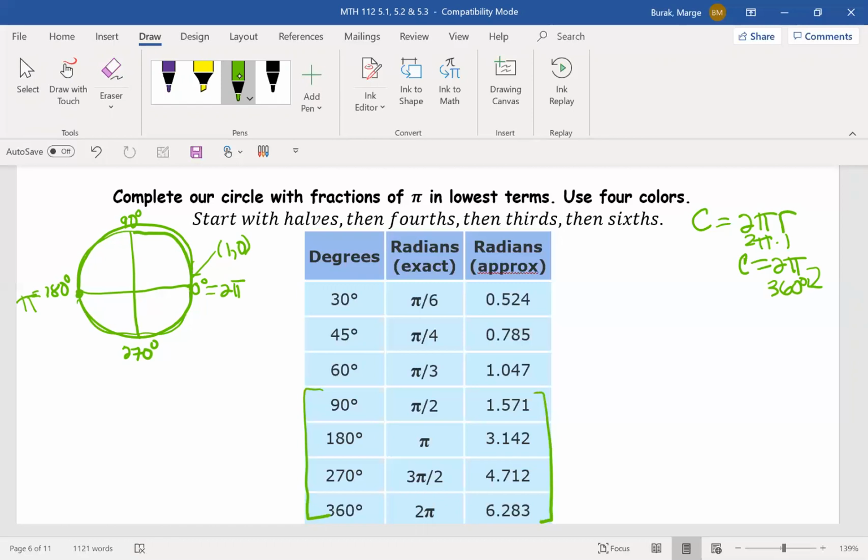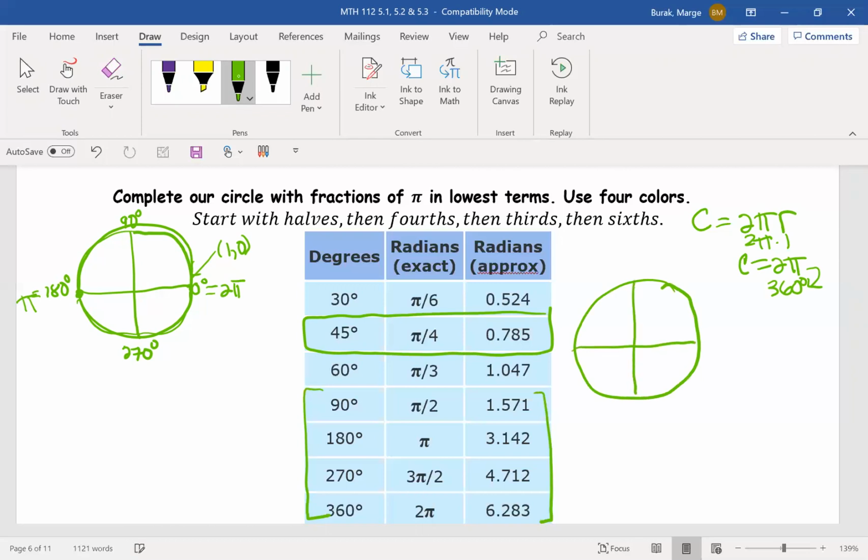Okay, so let's suppose we did just 45 degrees. I'll put that right here. I've got my X and my Y axis. I'm starting at 0. 45 degrees is going to be halfway up to 90, okay?